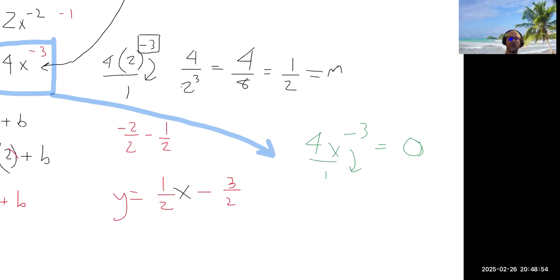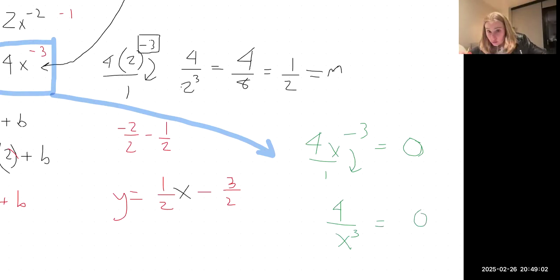So this is going to be 4 over x cubed equals 0.